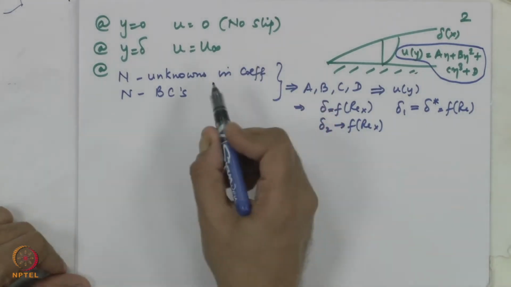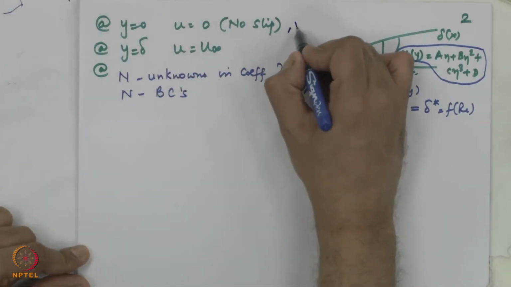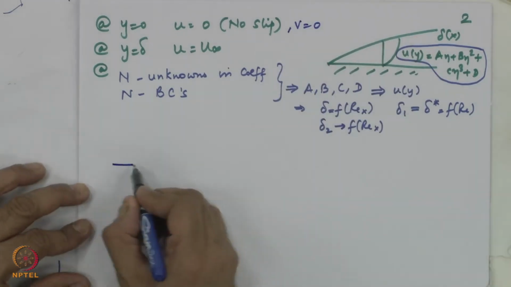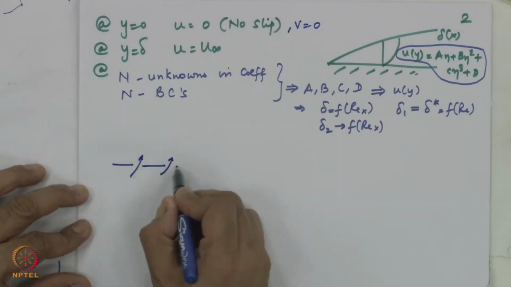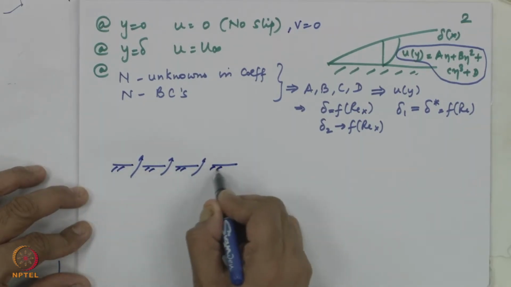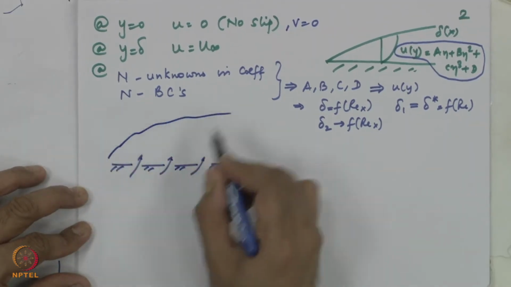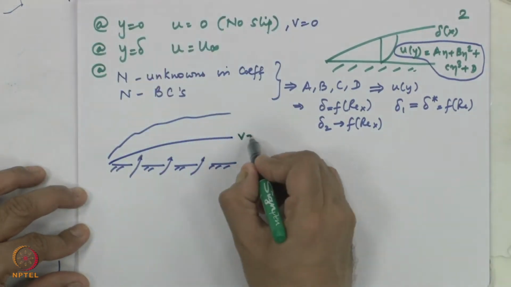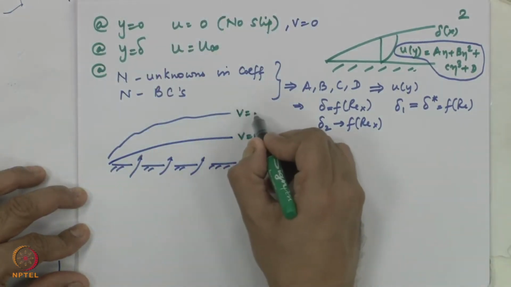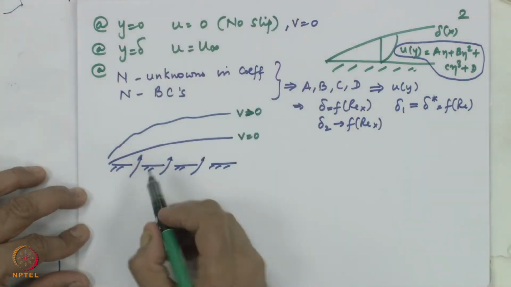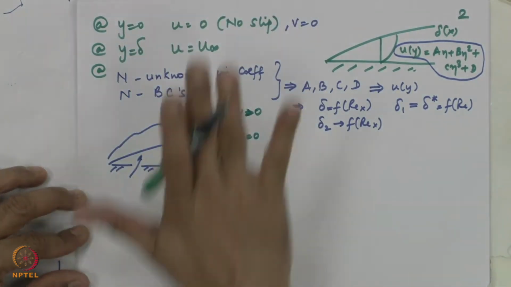You can have some case where V is equal to 0 for a flat plate solid wall, but suppose there is blowing of air through small pores in the wall, as in turbine blade cooling, just to make the boundary layer grow. If this was the original boundary layer with V equal to 0, this is V greater than 0. When I am blowing air into the flat plate, the boundary layer is going to go up.